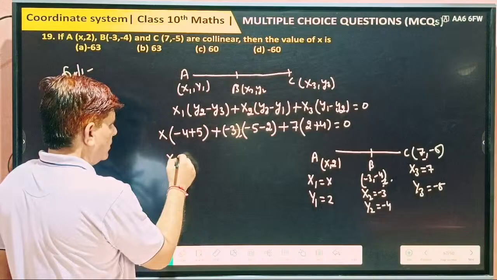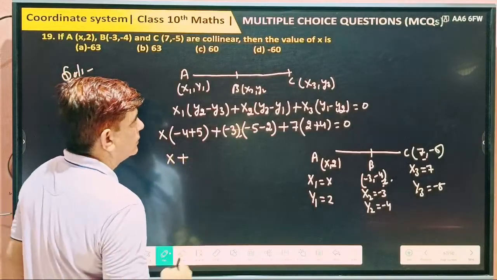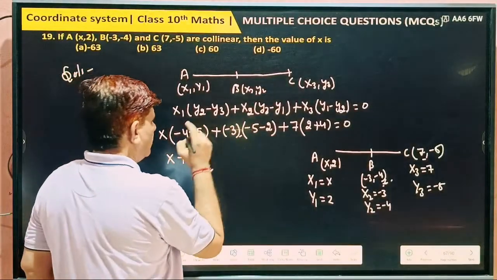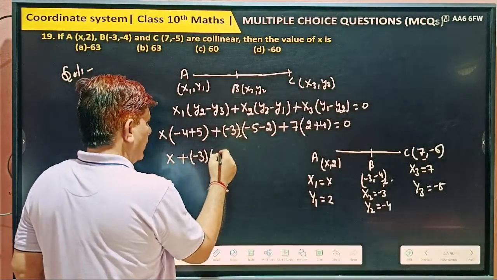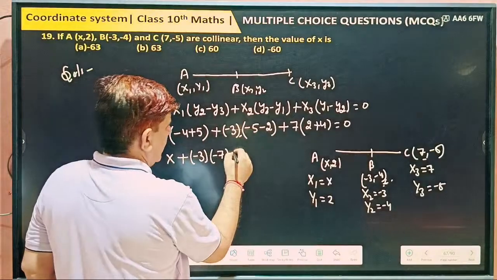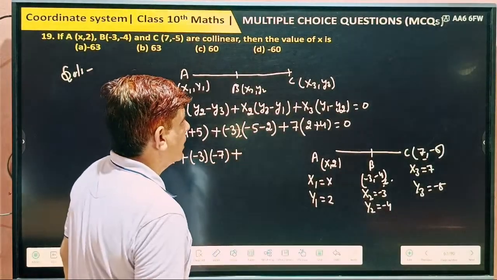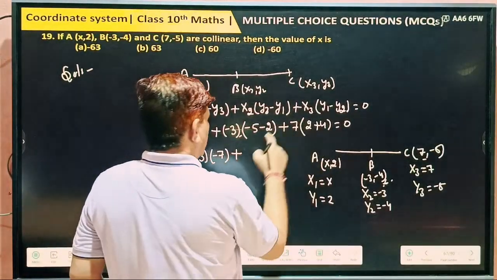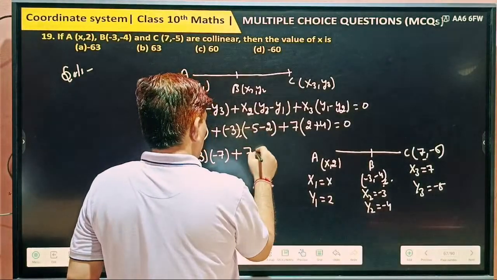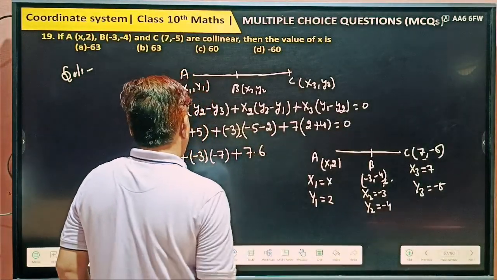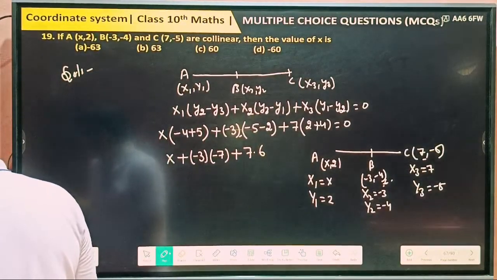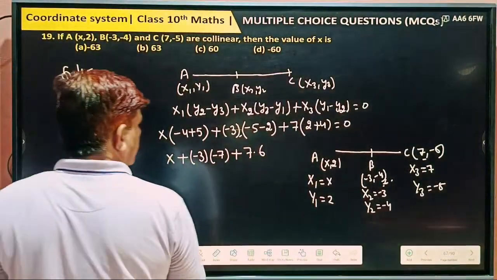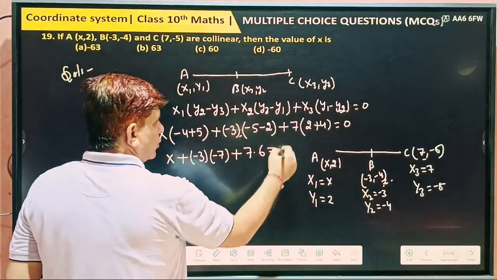So x plus, this is -3, this is -7, so -3 into -7, plus 7 into 6. So this is equal to 0.